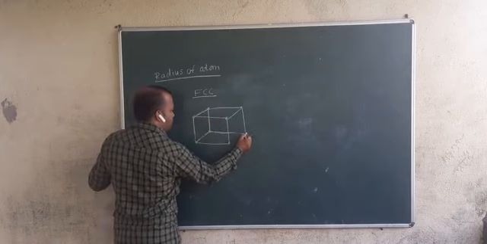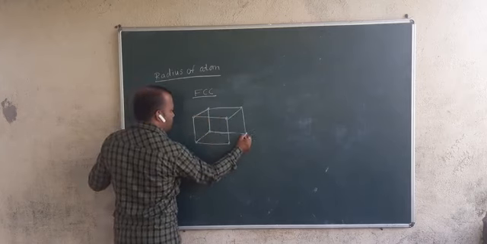So it will be A square is equal to 8R square. I can write 8 as 4 into 2, so R square. If we remove the square, we get A is equal to 2 root 2 R.